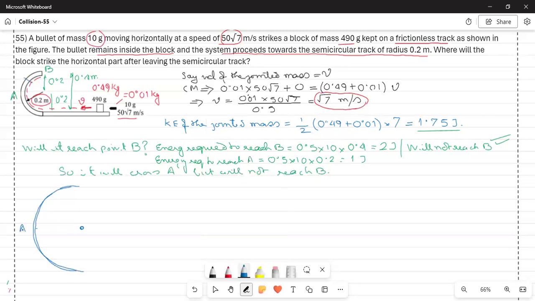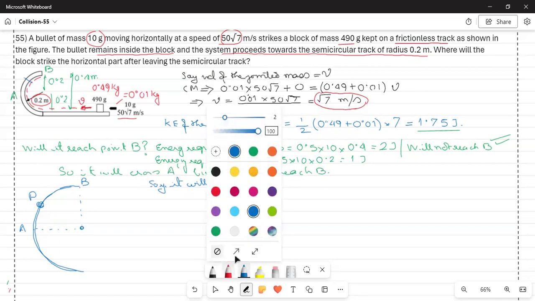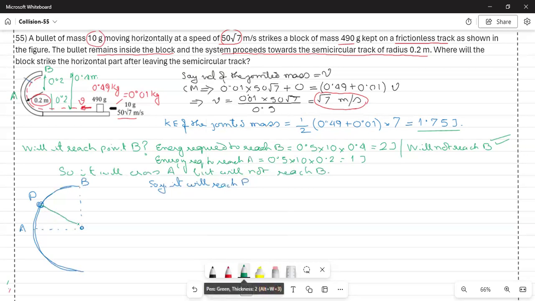This was A, and this was P. Say it will reach P. And let us say this point P makes an angle theta with the horizontal line.